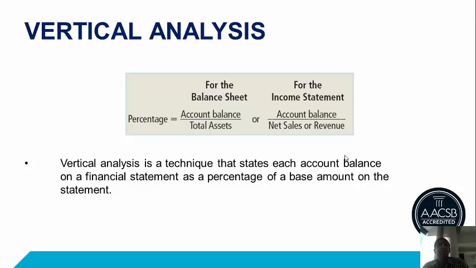If you've made a loss, all the expenses put together are greater than revenue, but it's highly unlikely that revenue itself will be smaller than any individual expense. And so we say that revenue remains the best number to use as the denominator, the base, for vertical analysis in the income statement, the profit and loss statement.